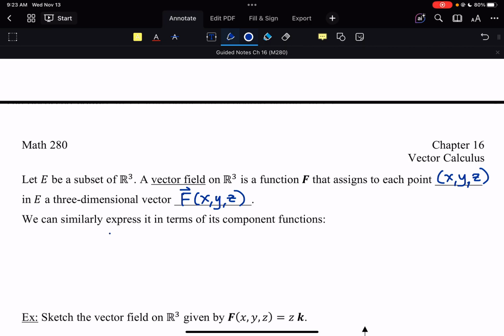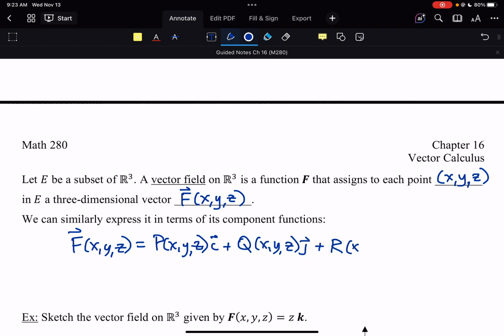And we can similarly express it in terms of its component functions. So we have f of x, y, z is P of x, y, z i plus Q of x, y, z j plus R of x, y, z k.